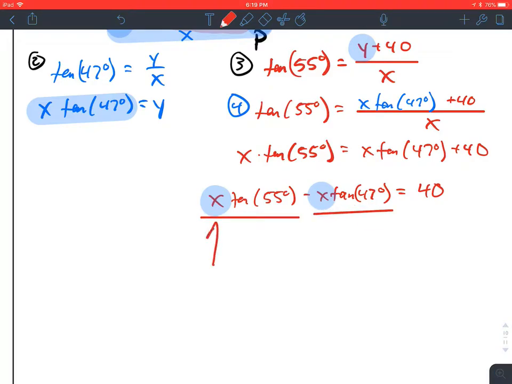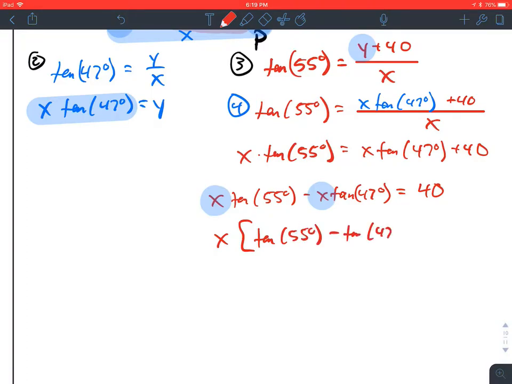The first term has a factor of X and tangent of 55. The second term has a factor of X and tangent of 47. The GCF here is X. If you factor that out to the front, let me change the way I write my grouping symbols, we're going to get X times tangent of 55 degrees minus tangent of 47 degrees.